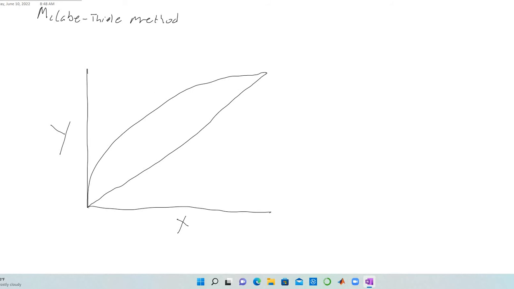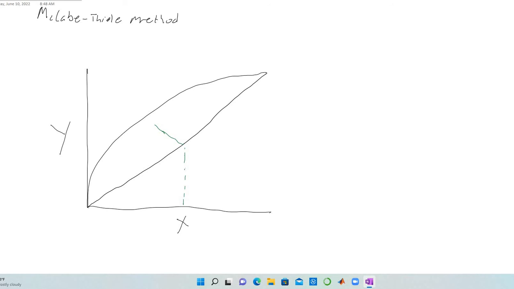Right? The next line we're going to add is the Q line, and it's going to start at the feed composition with respect to X, hit the 45 degree, and come out at an angle that is going to be dependent on the feed conditions, and we'll get into that later.